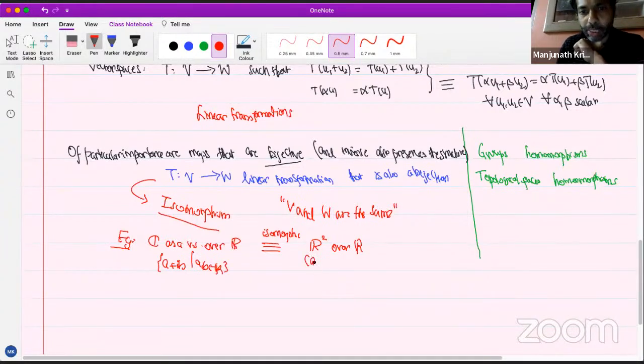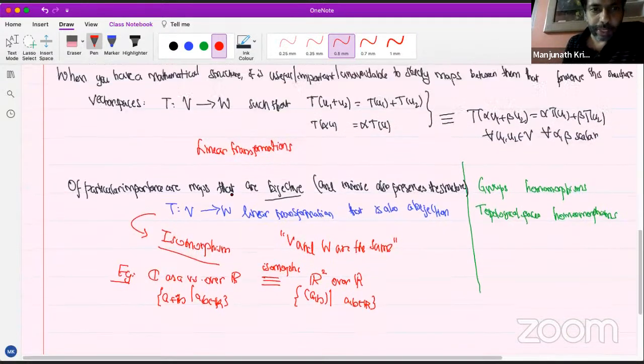Here you will write them as tuples. But as you can see, it is just a way of writing. There is nothing to it. How does it matter? When I add, I will add separately the real parts and imaginary parts. Here I will add the coordinates separately. It is very clear what the isomorphism between these two is. I will leave it for you to write down, but that's an isomorphism.